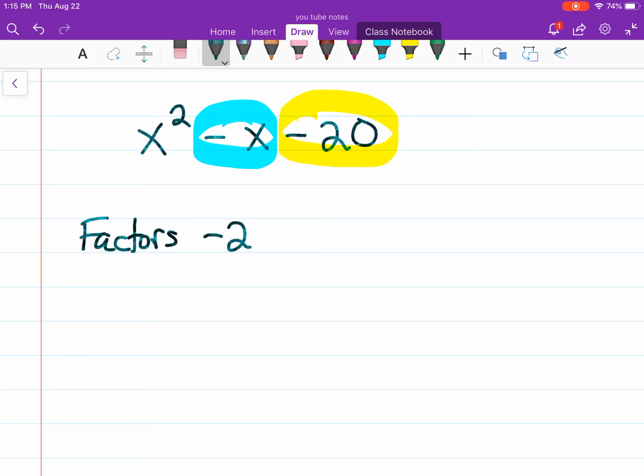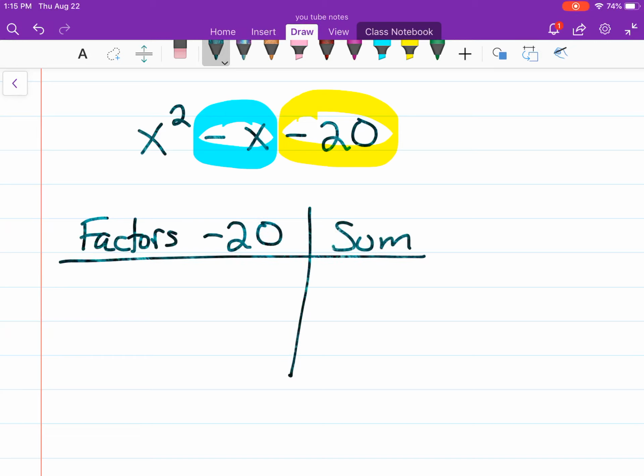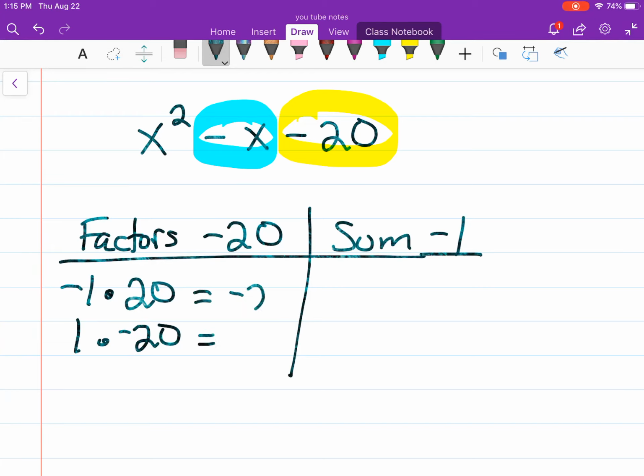So we have factors of negative 20 that in this case are going to add up to a negative 1. The factors of negative 20 are negative 1 times 20, but also 1 times negative 20. Both of these are going to give you the answer of negative 20.